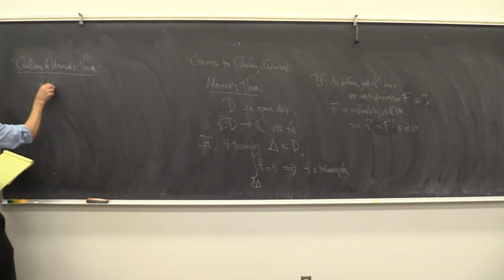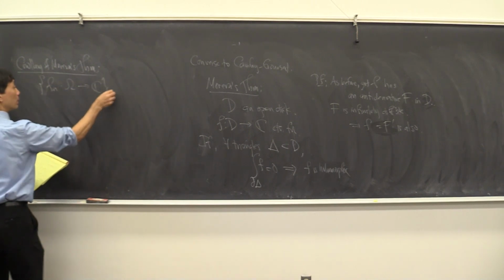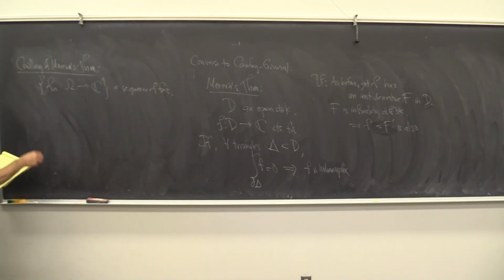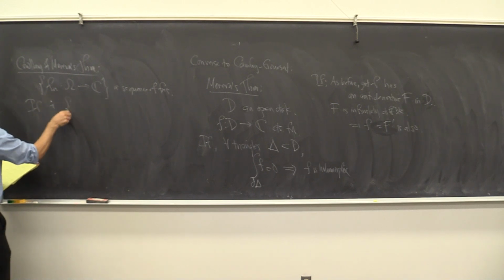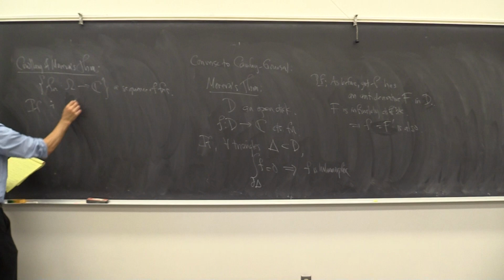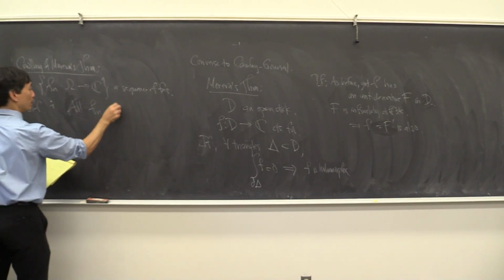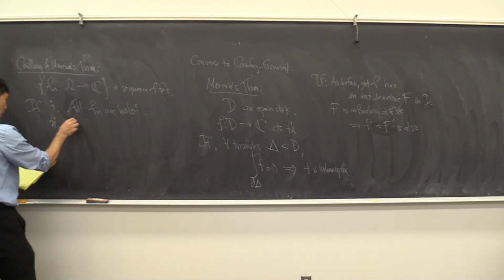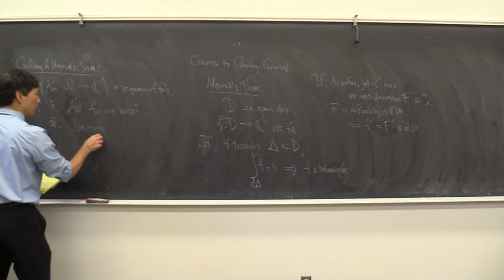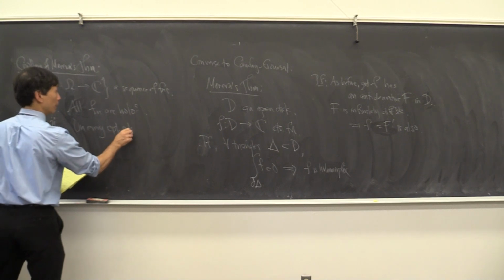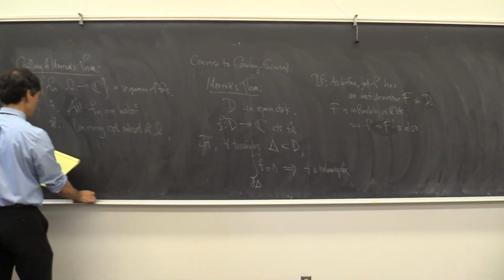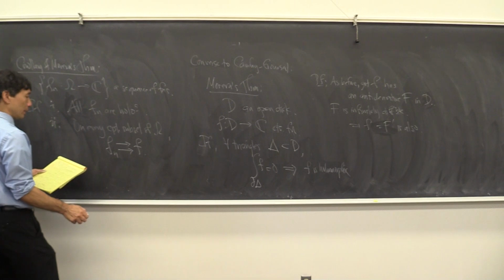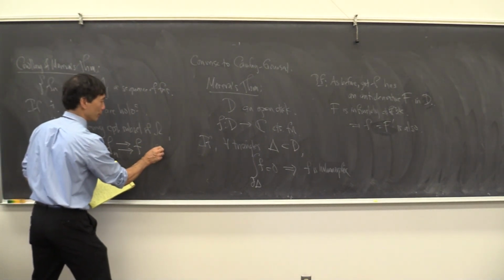You have some sequence of functions f sub n. If one, all of the f sub n are holomorphic, and two, on every compact subset of omega, suppose we have that f sub n converges uniformly to some function f.